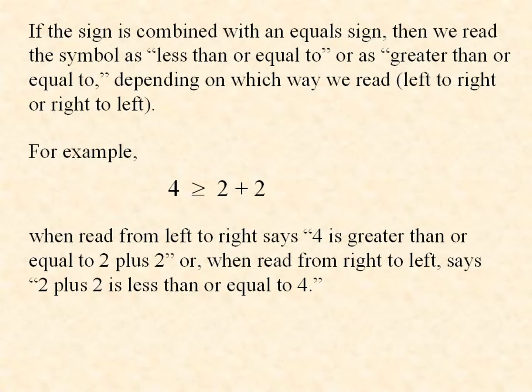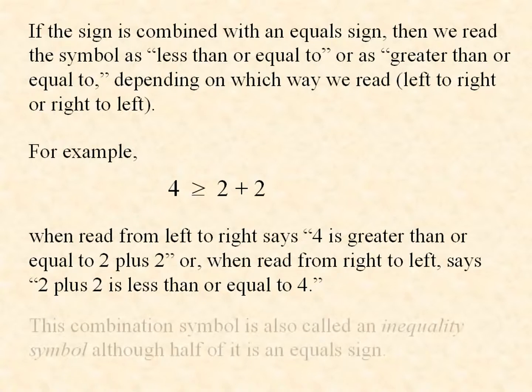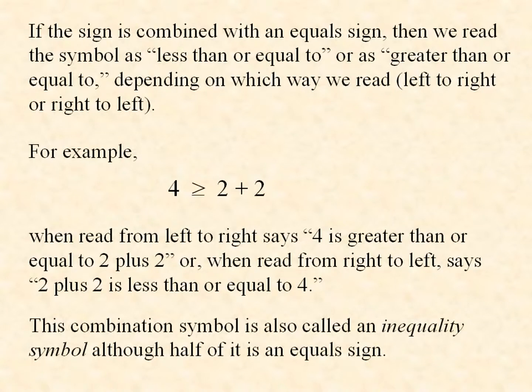If we read it from right to left, it says 2 plus 2 is less than or equal to 4. This combination symbol is also called an inequality symbol, although half of it is an equal sign.